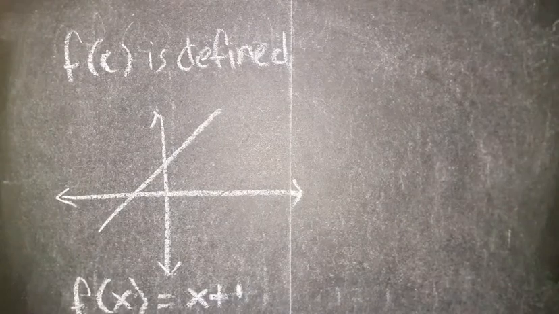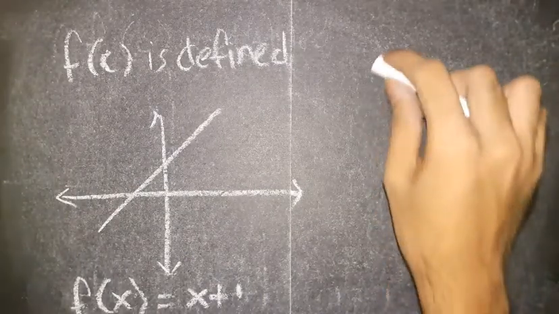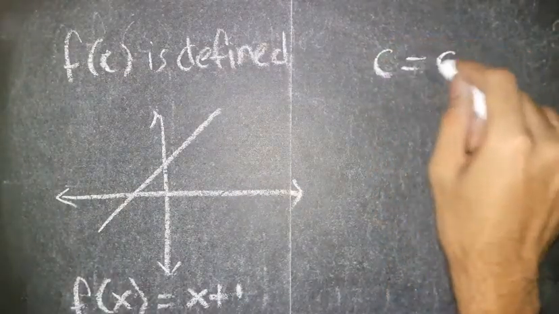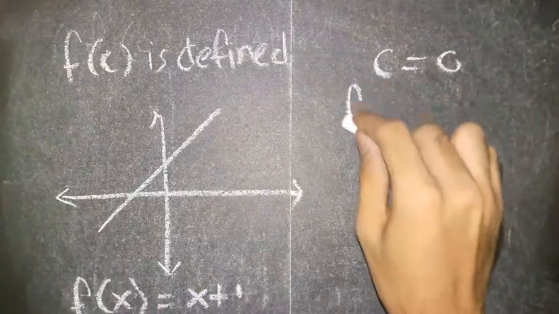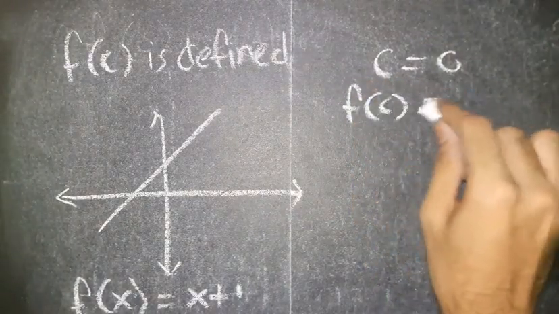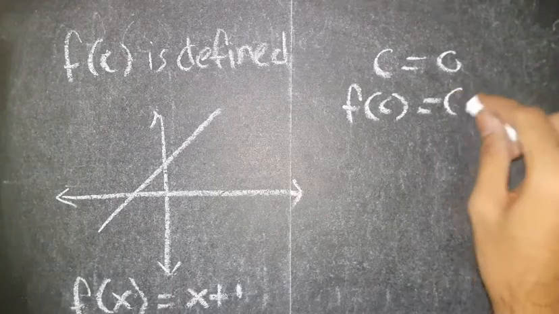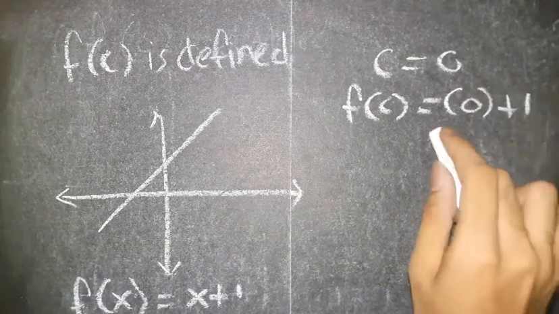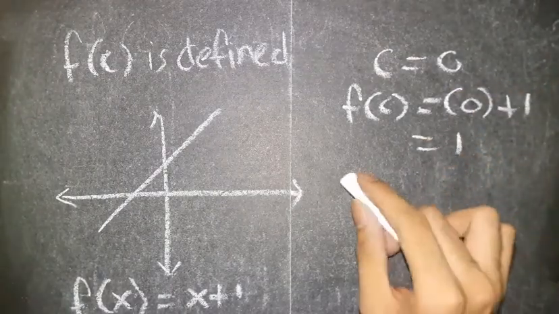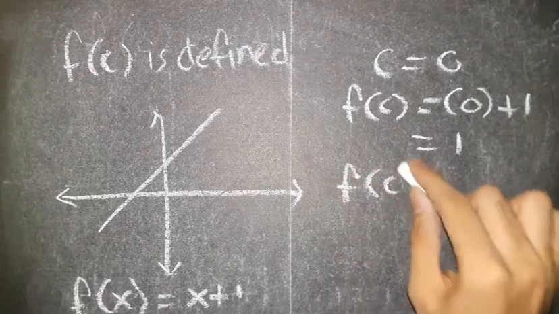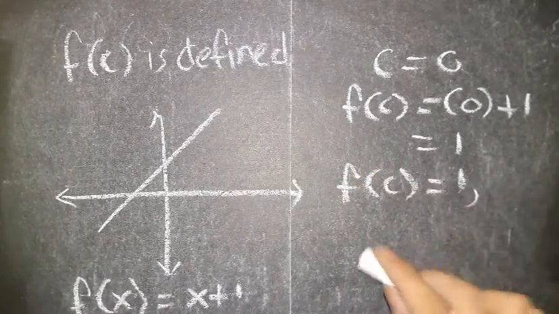And let's consider c is equal to 0. By substituting 0 to the function, f of c will be equal to 0 plus 1, which will be equal to 1. Therefore, f of c is defined and is equal to 1.